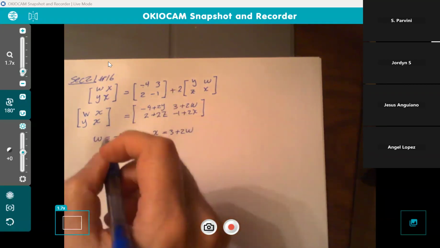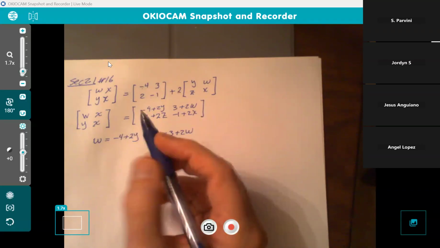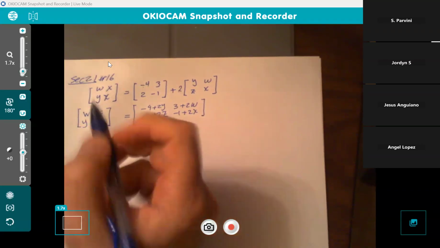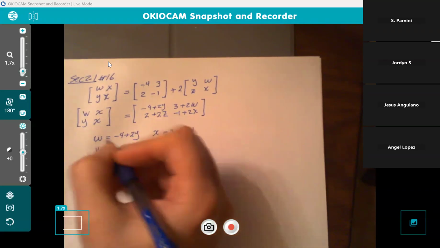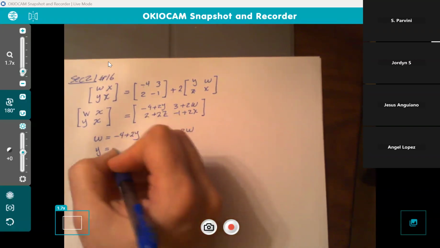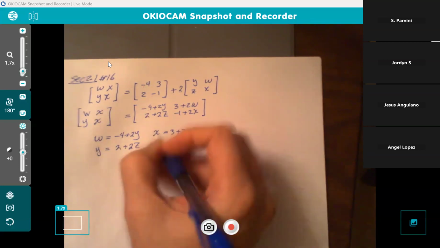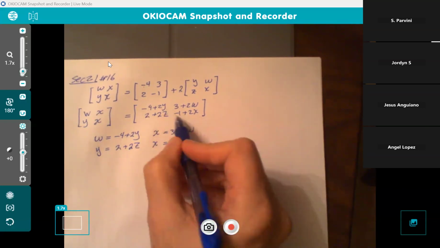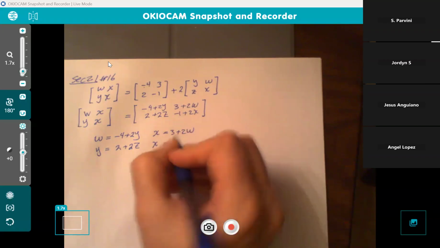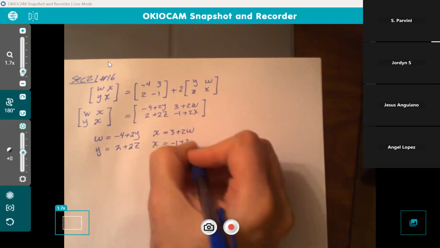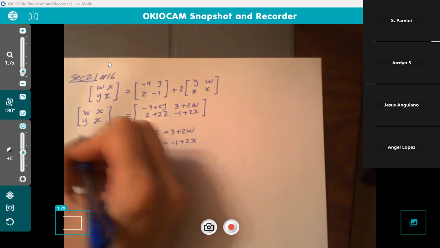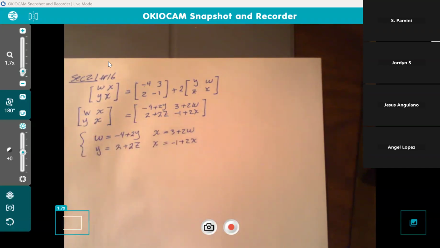And then the Y here, second row, first column. Y must be 2Z plus 2, right? 2 plus 2Z. And finally, second row, second column, X is -1 plus 2X. Right? So pretty much this is what we have, matching the like elements together.